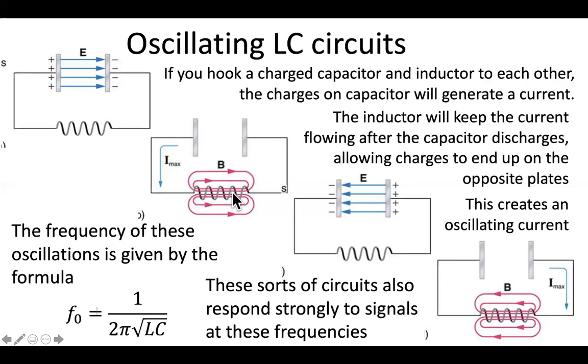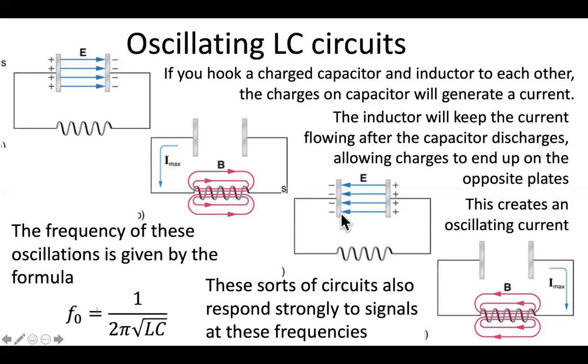Since this inductor doesn't want that current to change, that current continues to exist after the plates are neutralized, which means the positive charges overshoot and start collecting on the opposite plate. The negative charges overshoot and start collecting on this plate. The capacitor begins to charge up again, thanks to this inductor.